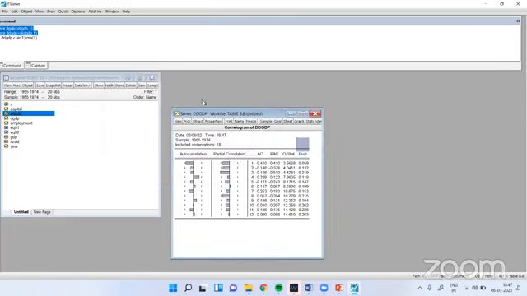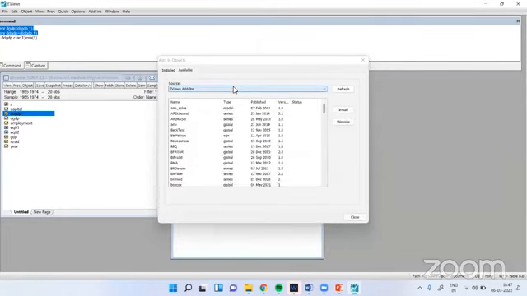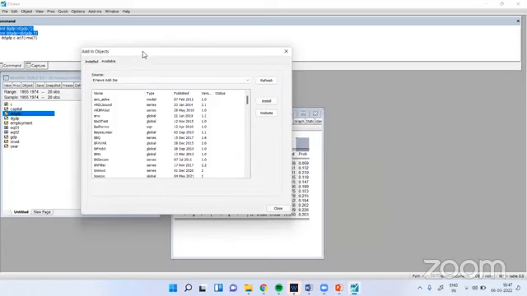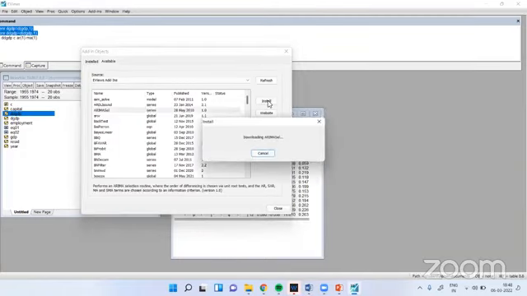If you don't have this option, no need to worry. Go in Add-ins, download the add-ins, and possibly in the student version this may not be there. So you can go here and ARIMA select, ARIMA select, install.